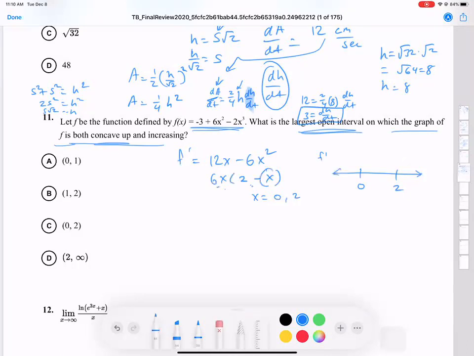Let me redo that. If I pick 1, that's going to be positive and positive. If I pick something that's super negative, that's going to be negative, and this is going to be super positive, so that's going to be negative. So when is this graph increasing? It's increasing between 0 and 2.